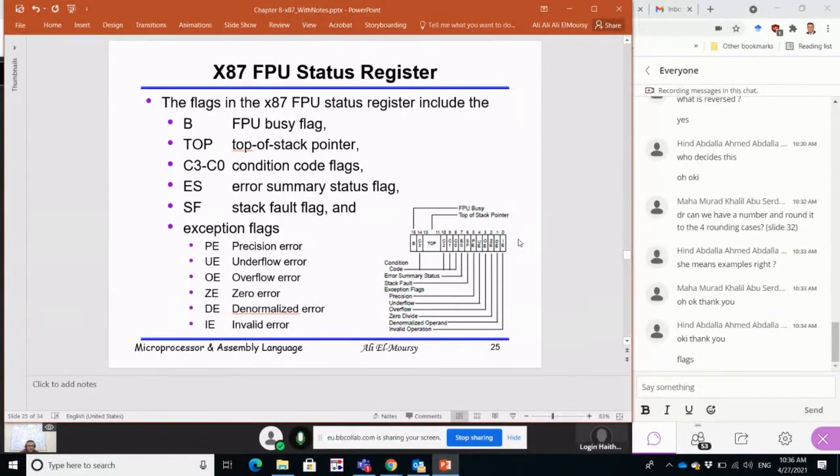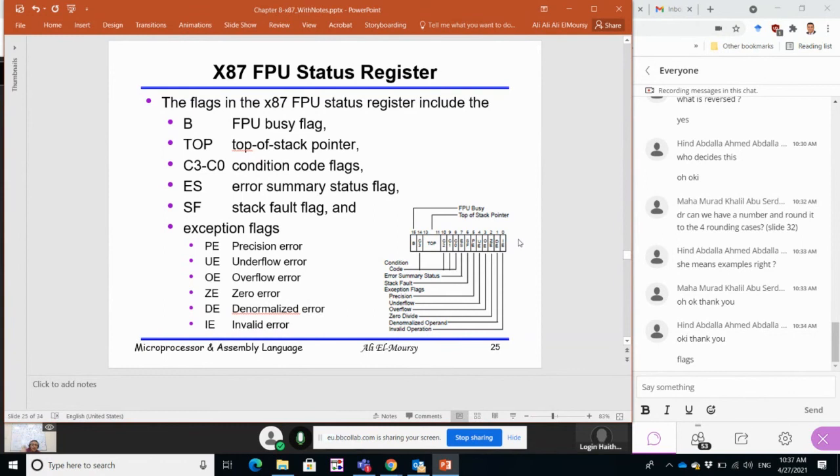I'm in slide number 25. I have precision error, underflow error, and the same 6 exceptions exist in the status register. In the status register, flag equals 1 means the exception truly happened, and flag 0 means the exception did not happen.